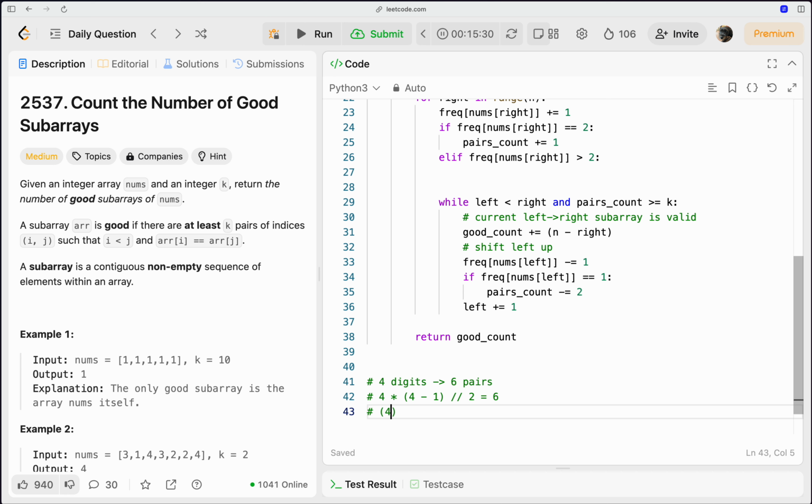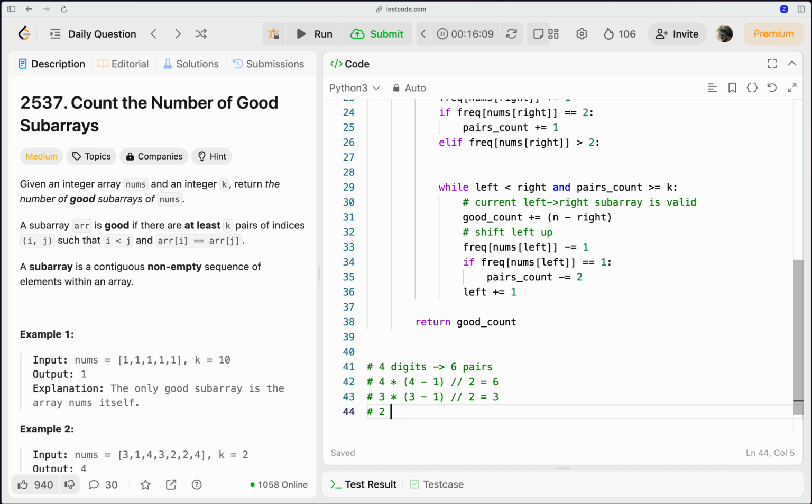So is that the same for 3? 3 times 3 minus 1 divided by 2 is what? 4 times 2 is 8, divided by 2 is 4. Oh wait, no. I'm saying when there's 3. So it's 3 times 2 is 6, divided by 2 is 3. Okay.